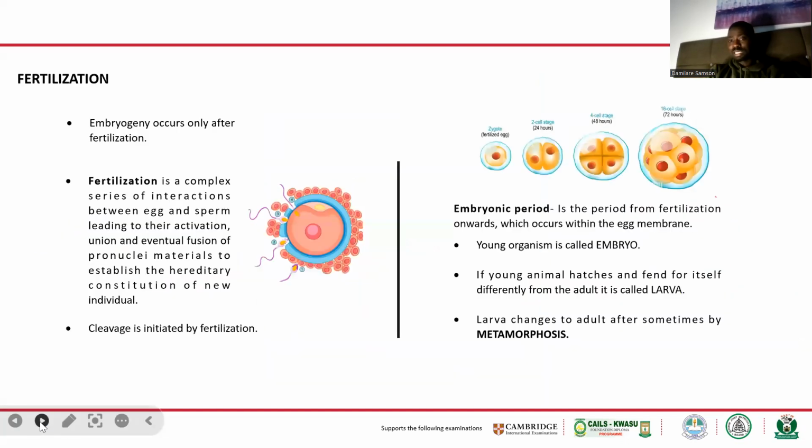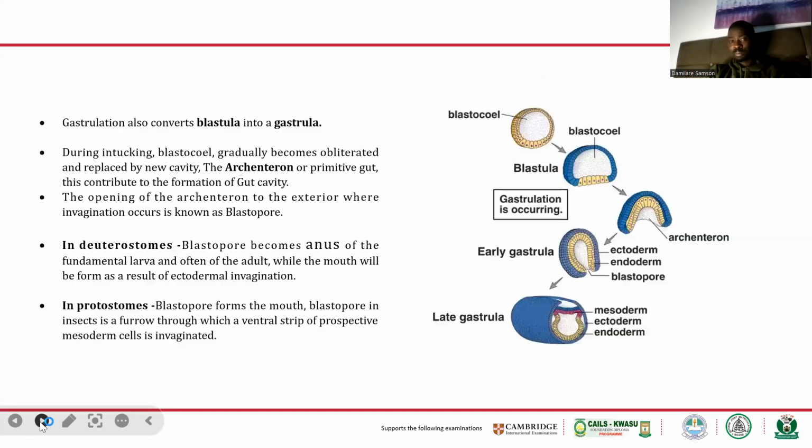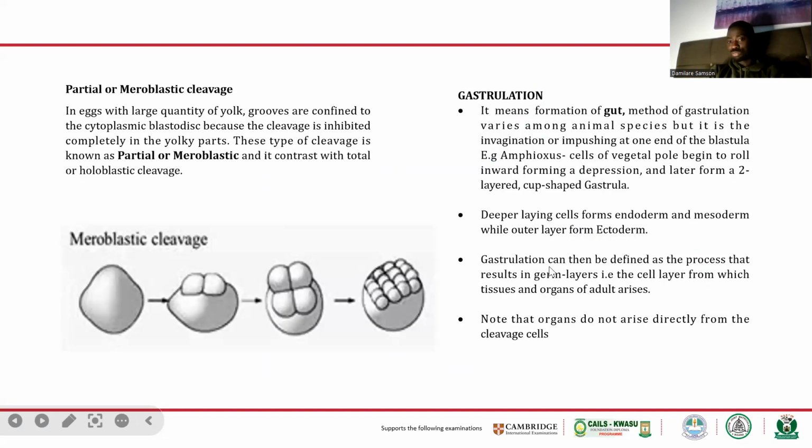That's the same thing I just made mention of here now: gastrulation can be defined as the process that results in germ layers, the ectoderm, endoderm, and mesoderm. Those are the cell layers which form the tissues and organs of adults. That's where they arise from. Note that organs do not arise directly from the cleavage cells.